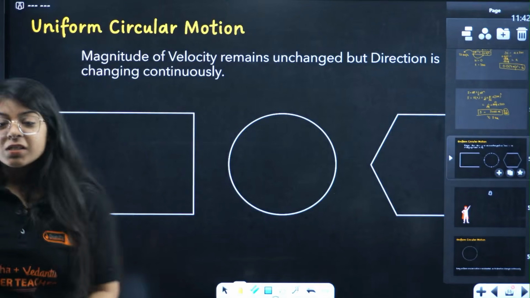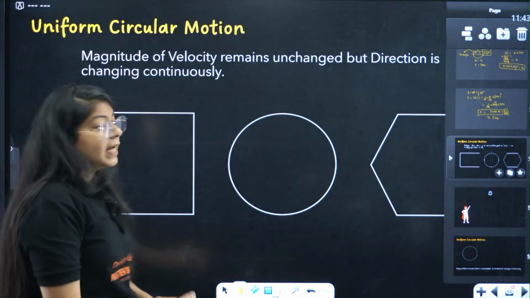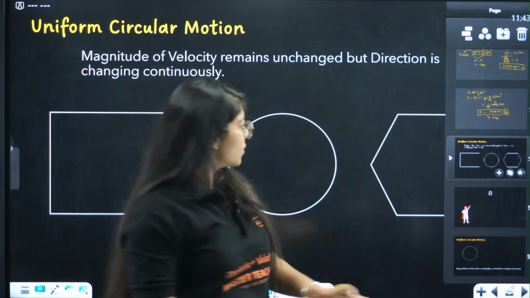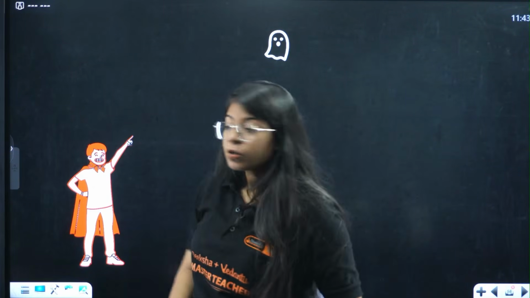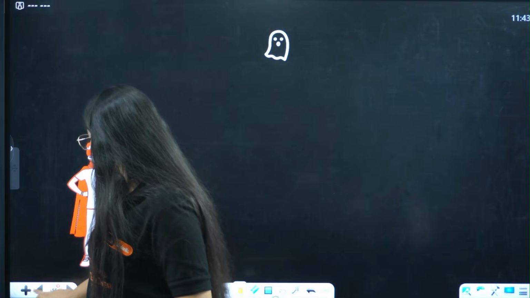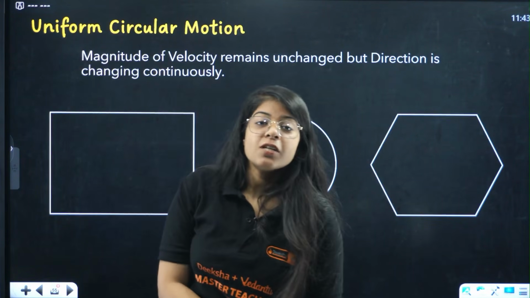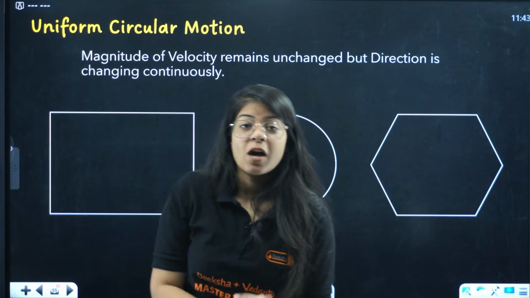Now, what is the importance of this motion? Why is this circular motion very important to study? Because there is a very tricky thing that is happening in circular motion.